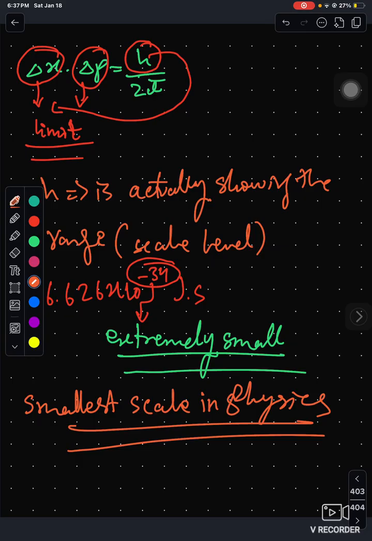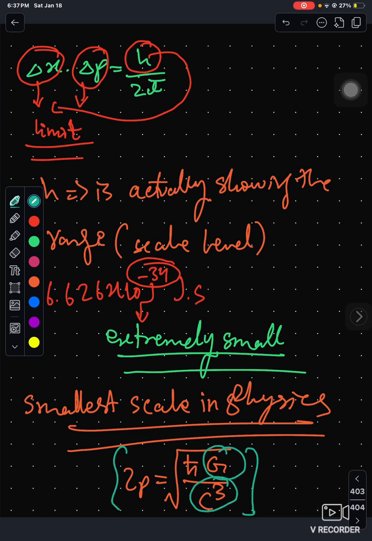And actually, guess what? It has a formula as well, which is the square root of h bar G over c cubed, where we know that G and c are also constants like h bar and h.